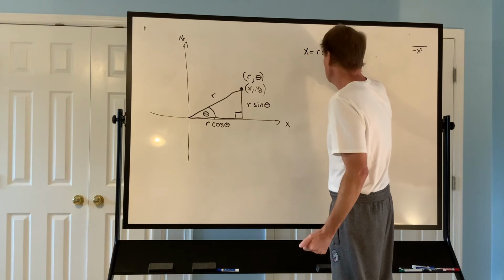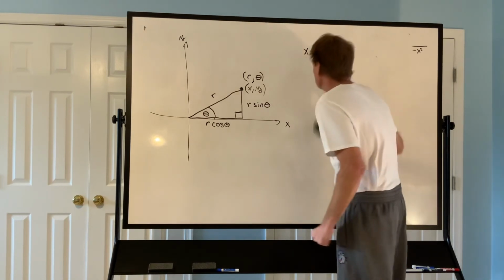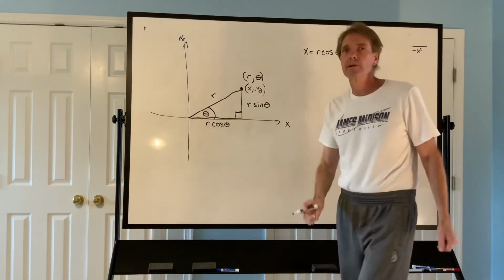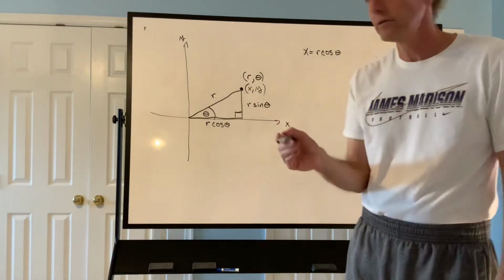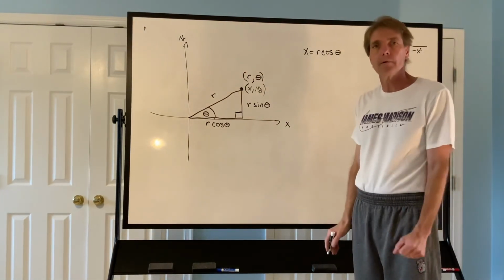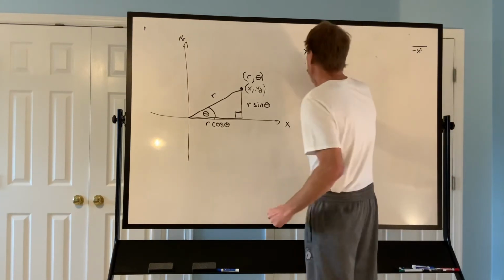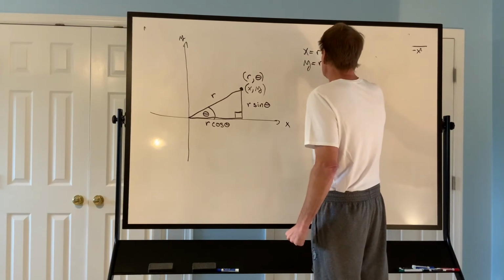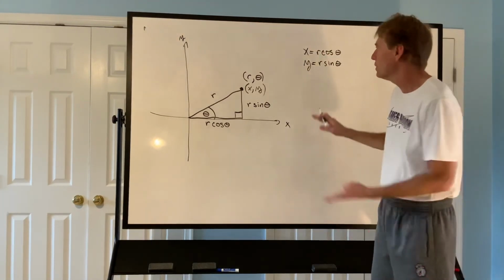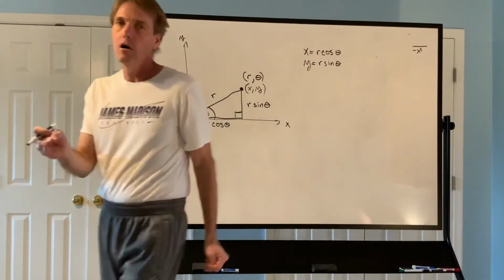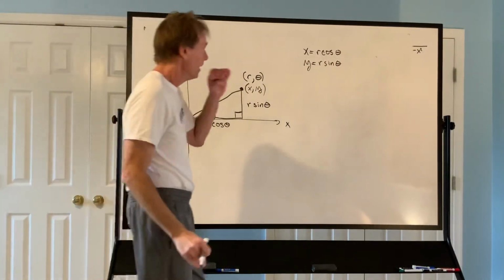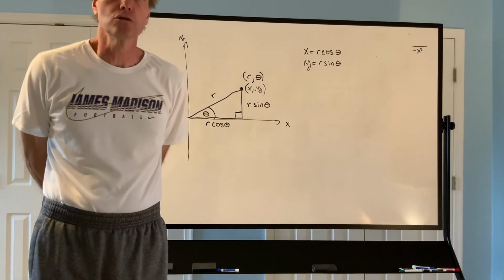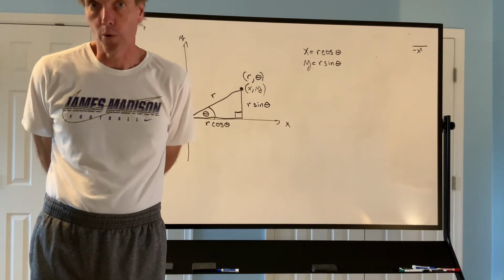So the x coordinate written in polar form can be described by x equals r times the cosine of theta, which allows me to convert Cartesian x into polar coordinates. Similarly, my y, which would be going up, is r times the sine of theta. This is a conversion that allows me to go from Cartesian coordinates and convert a function into a function of polar coordinates.